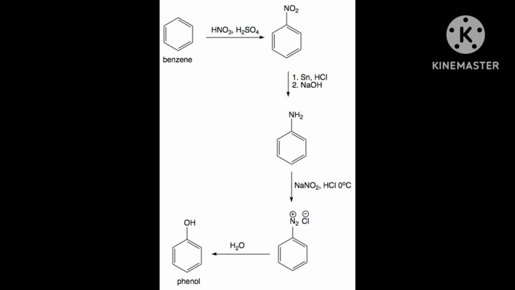Now this SO3Na went by taking the electron, so that carbon became positive. Here in ONa, O is negatively charged, that O will join with that carbon and it will form ONa.